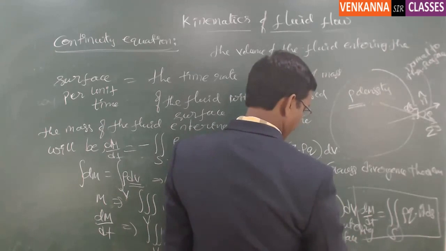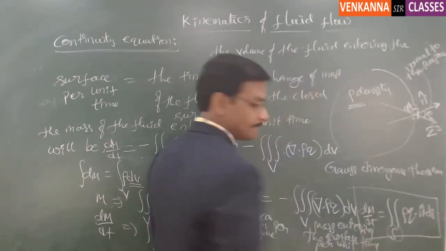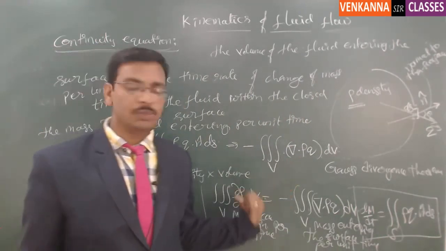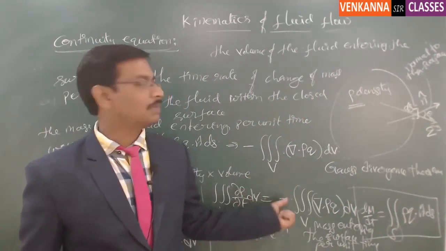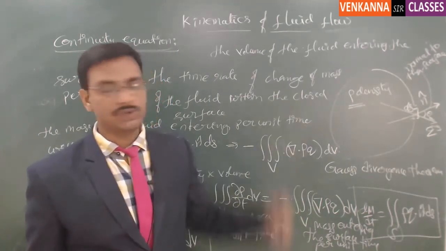Right? So the mass accumulated per unit time is nothing but the mass that is entering the surface per unit time. That is most obvious, by common sense we can make out.